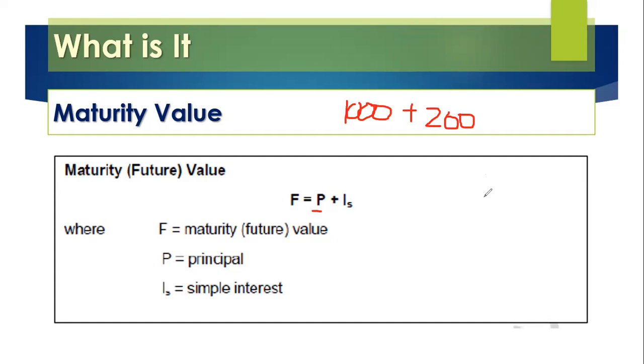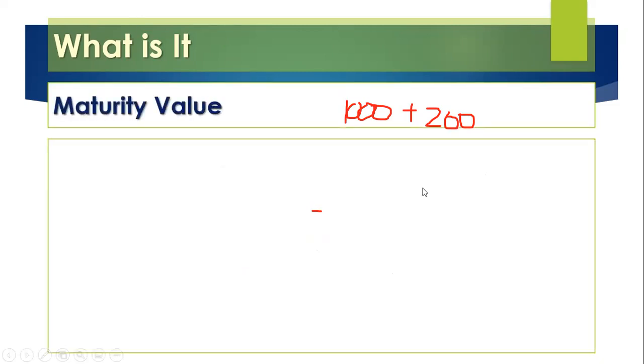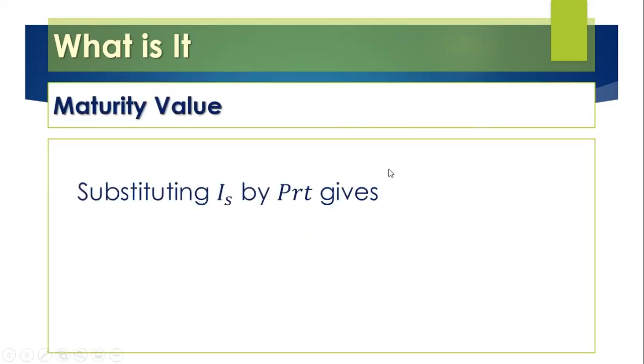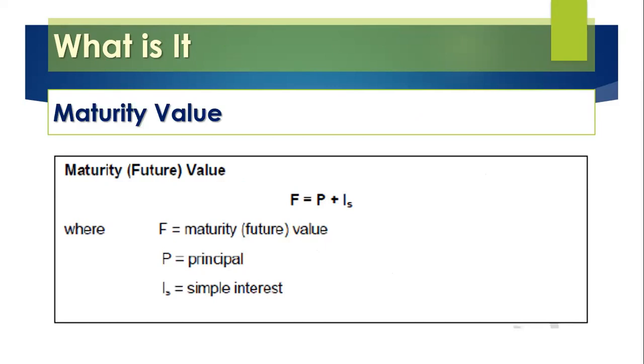Okay? So where F is equal to the maturity or future value, P is principal, I sub S is still the simple interest. So idinagdag lang natin yung P. Okay? Substituting I sub S by PRT, no? Kasi itong I sub S na 'to, 'di ba, ang formula niya is PRT.